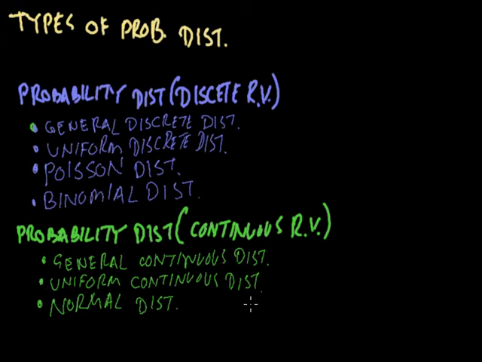Similarly here, the probability distributions, be it discrete or continuous random variable, they have different types. You see that both have general, they need some sort of a general distribution, and both have uniform, they need that. But they have discrete distributions, we have Poisson distribution, then we have binomial distribution, normal distribution. Why do we need to do that?